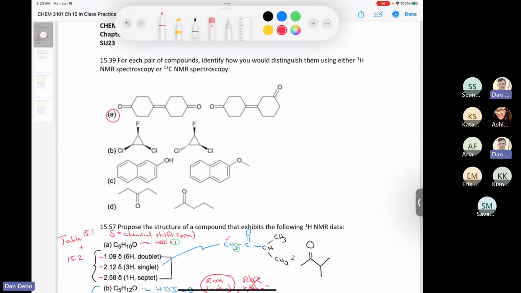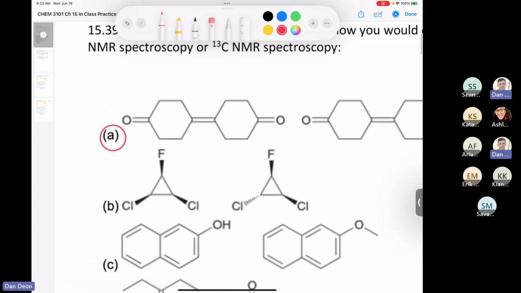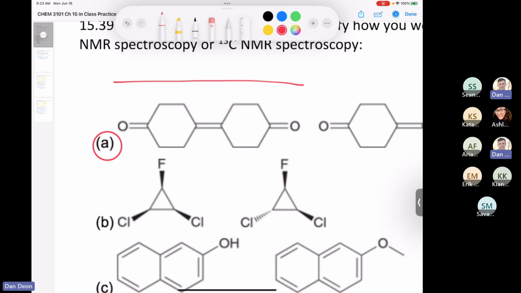Okay, so if I'm looking at A, could anybody tell me how many signals you would see for this compound in the proton NMR? It's not a trick question or anything. Let me bring up the chat here. I can't see it. There we go.